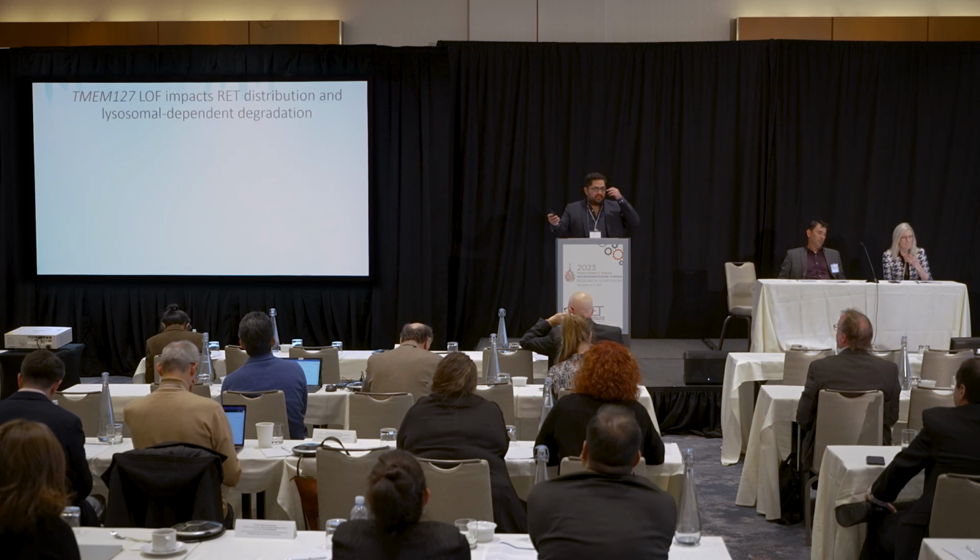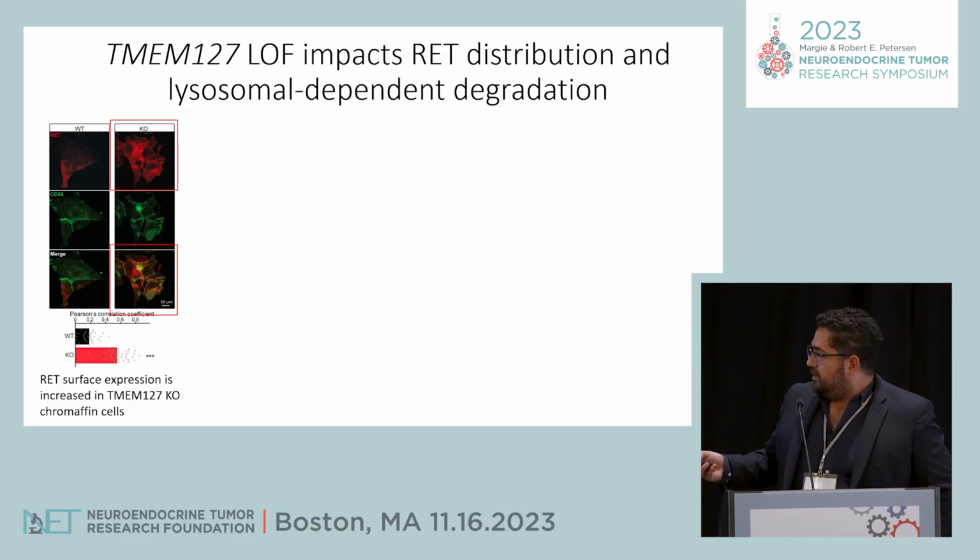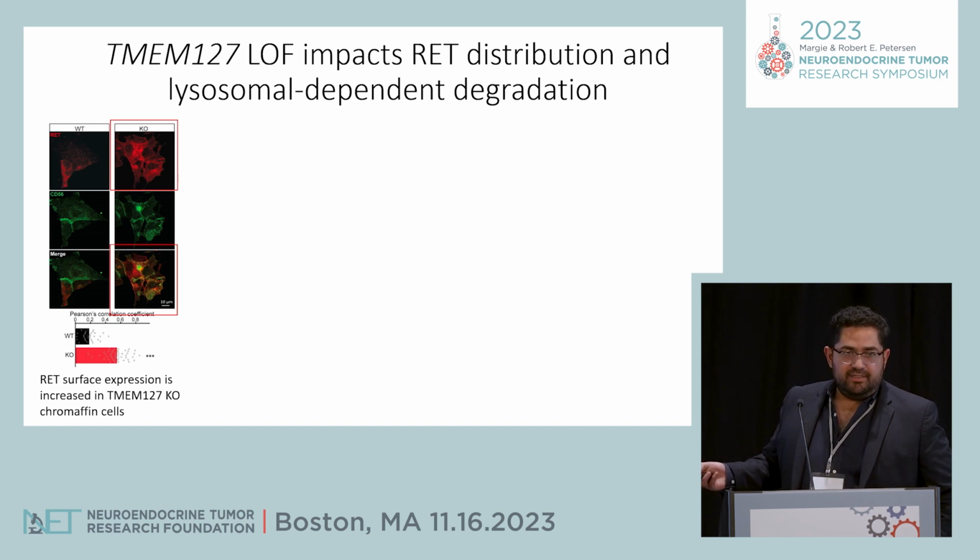So in an earlier talk, they discussed endocytosis, and this is very relevant when talking about cell surface receptors. So we were also interested in looking at what role TMEM could have in regulating RET's internalization or endocytosis. And we showed that in TMEM depleted cells, RET was translocated to the cell surface, and this was not seen in a TMEM wild-type cell.